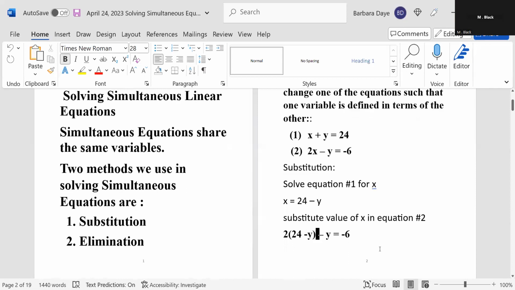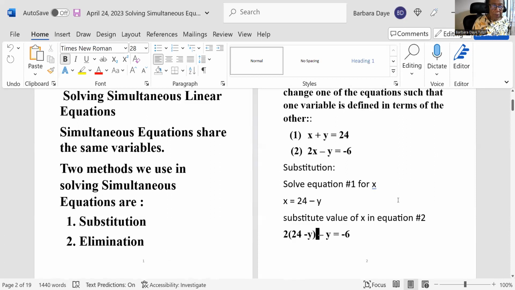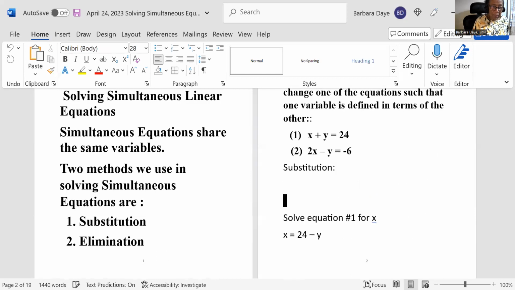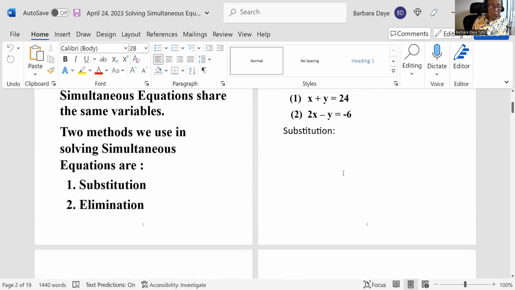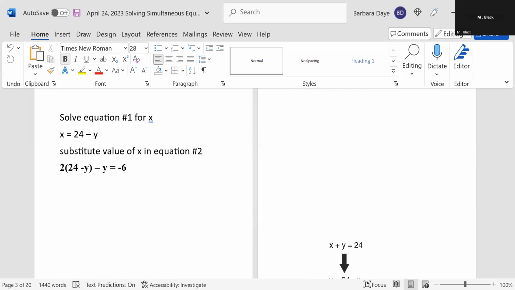Questions? Okay. All right. I'll put this on the next page because we're going to run out of room here. Now we multiply the 2 by what is in parentheses. So Mercedes, what do I get when I multiply 2 times 24 minus y? 48. 2 times 24 is 48.